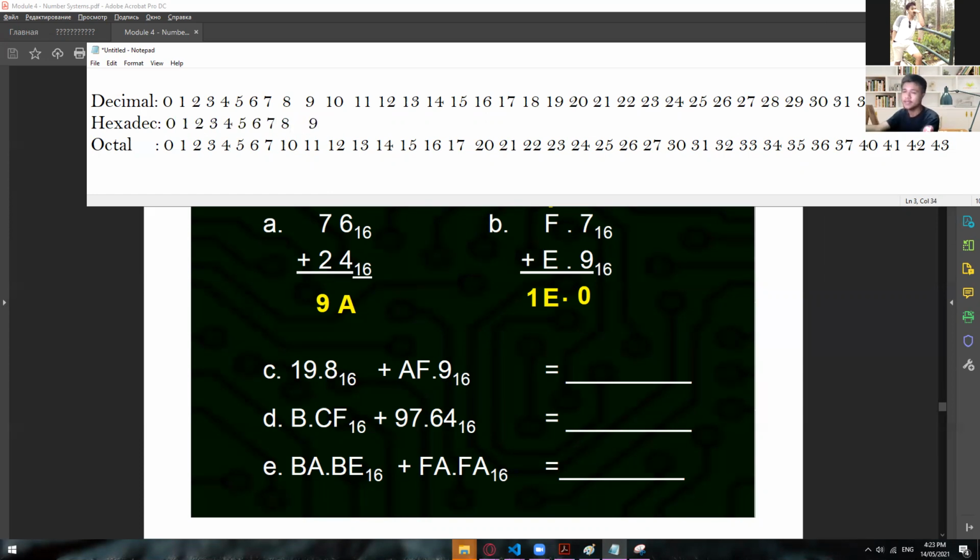But then again, in hexadecimal, 10 is already capital letter A, capital letter B, C, D, E, F, and after that F right here, all you need to do is continue the numbers that you have left in here. So next to 9 is 10, 11, 12, 13, 14, until you reach 19.